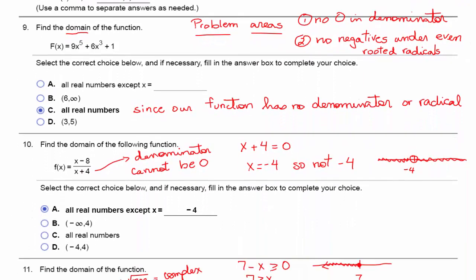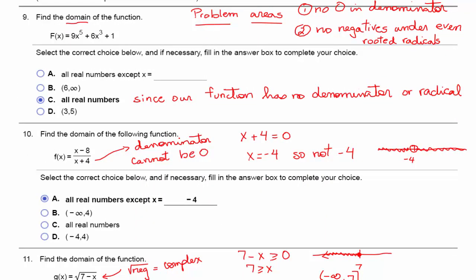In question 9, they're going to give us a function. So here's our function. And the question is, what inputs can I use? Now that seems like a complicated question, but it really boils down to only 2 problem areas.